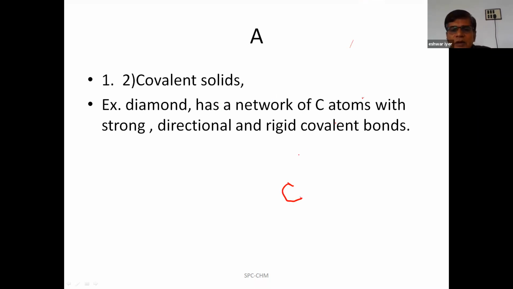Here is the carbon that is bound by 4 other carbon atoms tetrahedrally, and the bonds are so rigid, directional and strong. So diamond has a high melting point. That makes us select the answer, covalent solids.